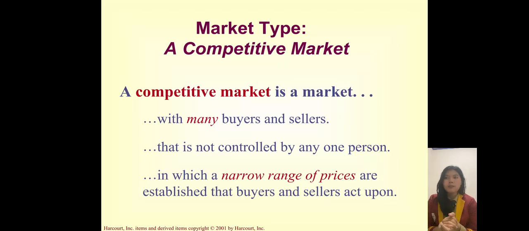Market type: a competitive market. A competitive market is a market with many buyers and sellers that is not controlled by any one person, in which a narrow range of prices is established that buyers and sellers accept.